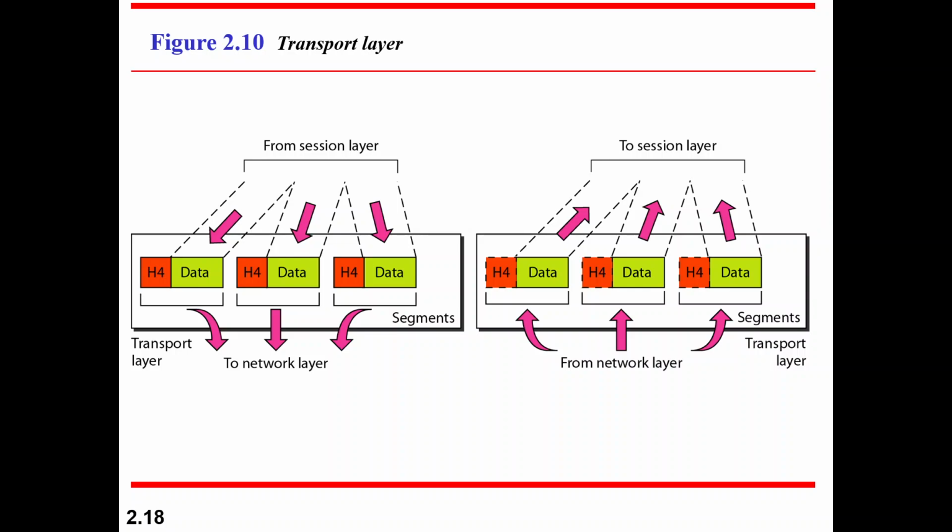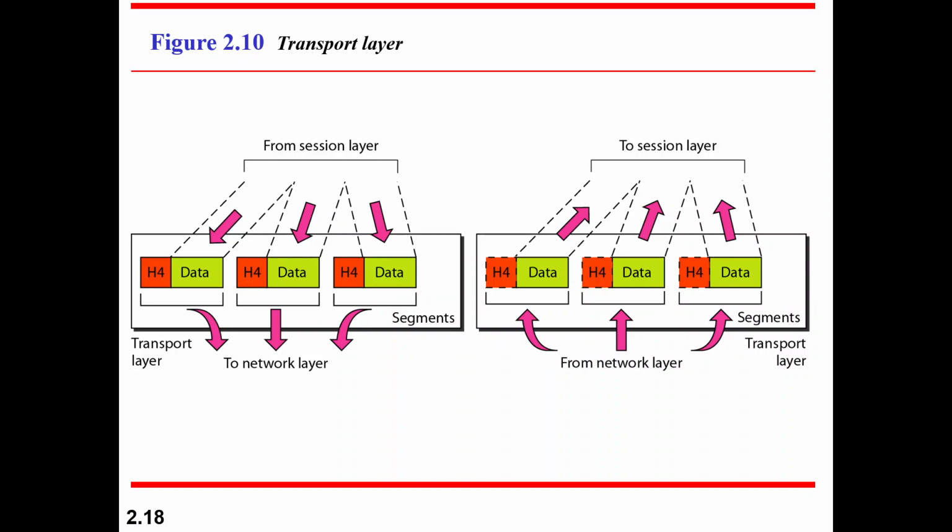Computers often run several programs at the same time. You all believe this. For this reason, source to destination delivery means delivery not only from one computer to the next, but also from a specific process (running program) on one computer to a specific process on the other.